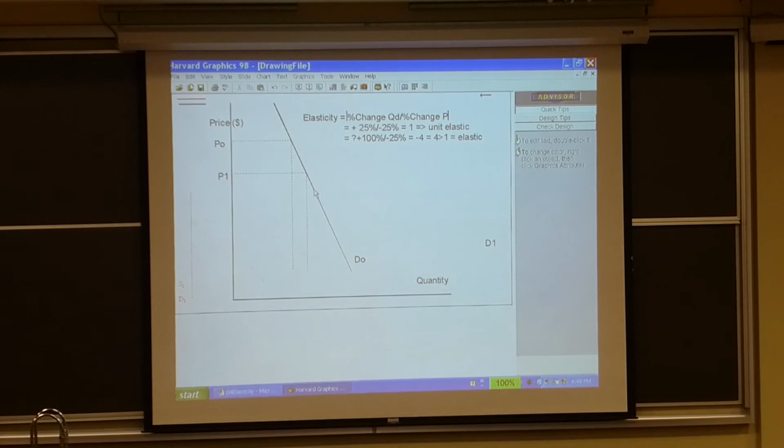All right. Okay. This demand function, let's look at it very carefully. It does not have constant elasticity. Let's start here. I'm going to have the price fall like this.